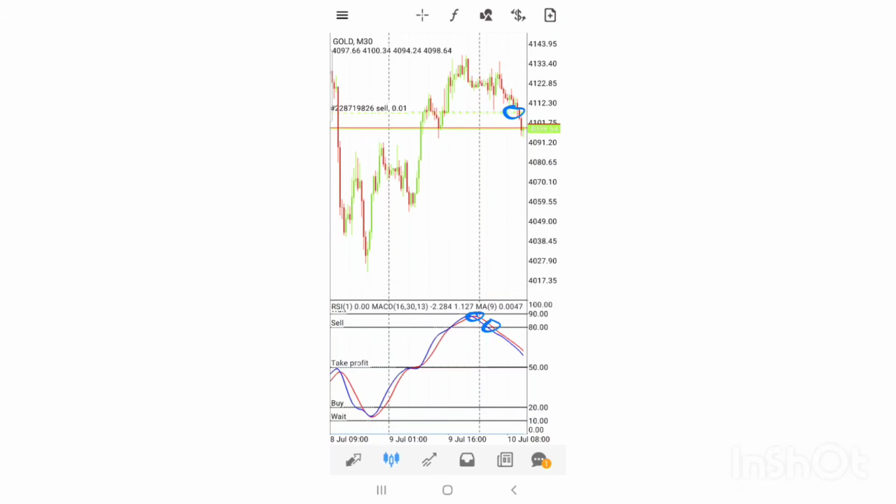And on gold, we already hit our first and our second take profit. So as long as it breaks level 80, you sell, and we are waiting for it to reach level 50 in order to take our last take profit, and we are good. So you can see it is very simple as that.